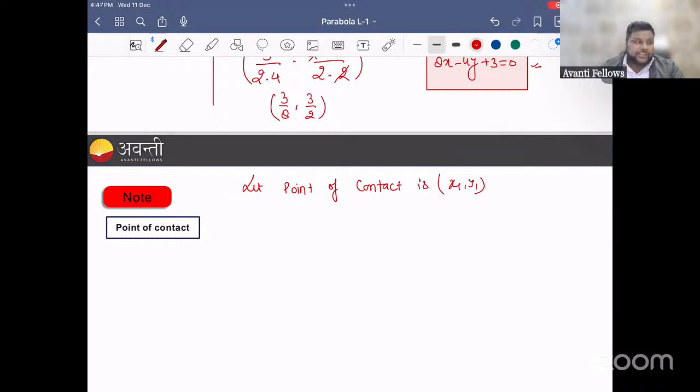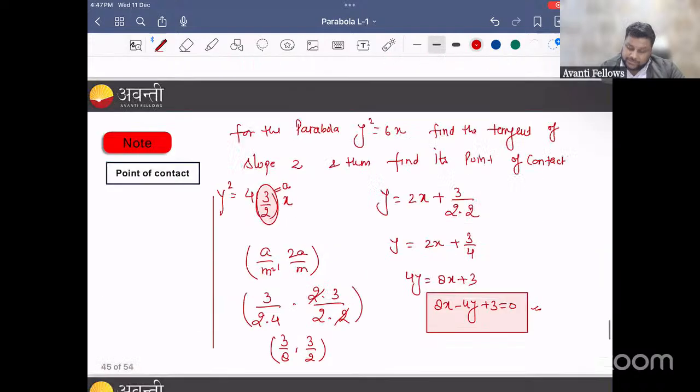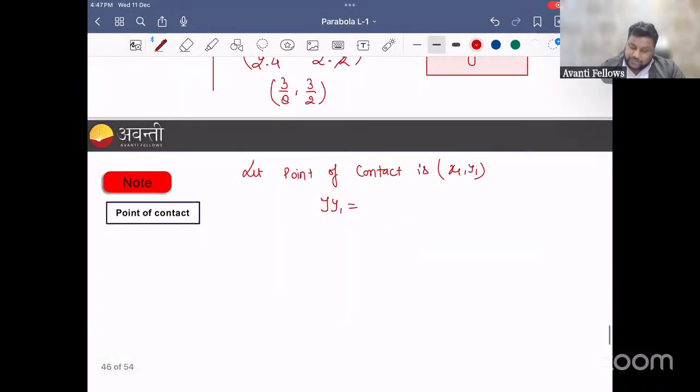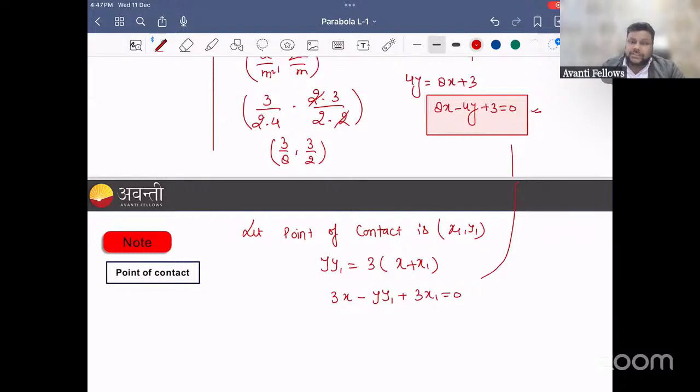Now the equation of tangent is y y1 equals 3 times x plus x1. So it is 3x minus y1 y plus 3x1 equals 0. You just compare these two lines.